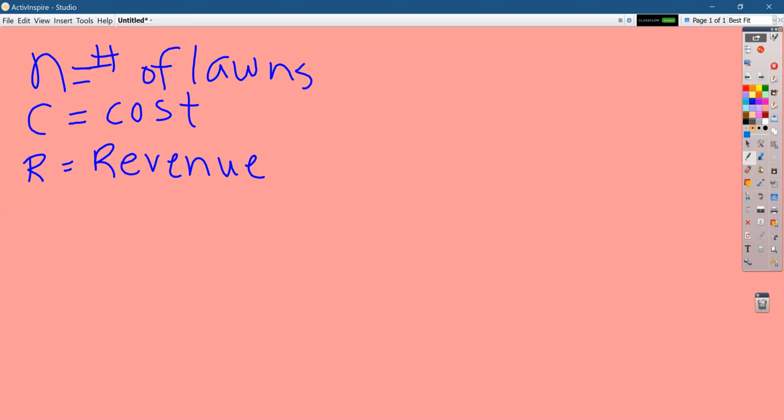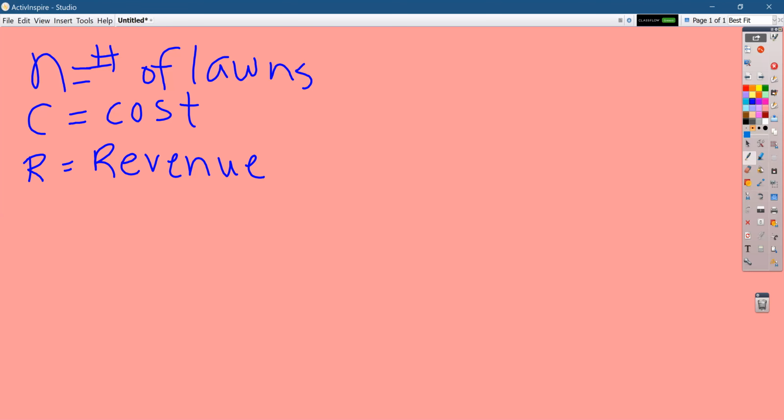Now, this is not the money that he necessarily gets to keep. This is just the money that he makes. He mows lawns, he makes money. It doesn't take into account what he has to pay for that mower, that gas. This is just how much money he makes because he mowed some lawns.